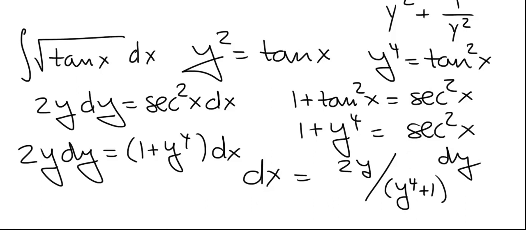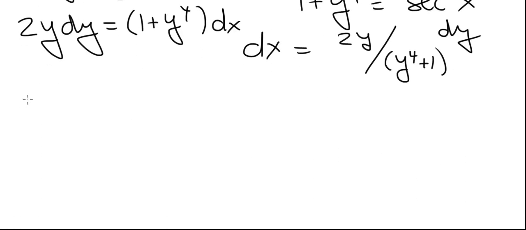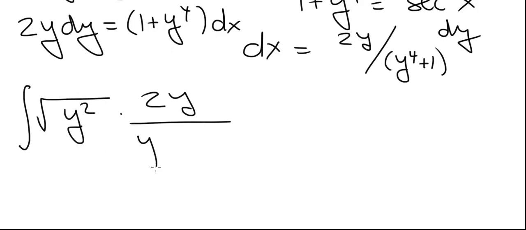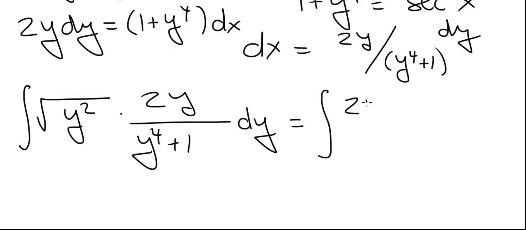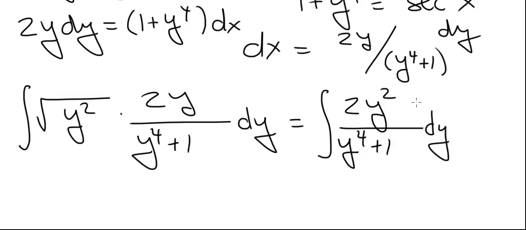And now let's plug that into the integral. The integral has square root of tangent x, so that's square root of y squared times 2y divided by y to the fourth plus 1 dy, which is equal to square root of y squared. We can take it to be y, and then times 2y, that's 2y squared over y to the fourth plus 1 dy. Next thing we want to do is to divide both the numerator and the denominator by y squared.